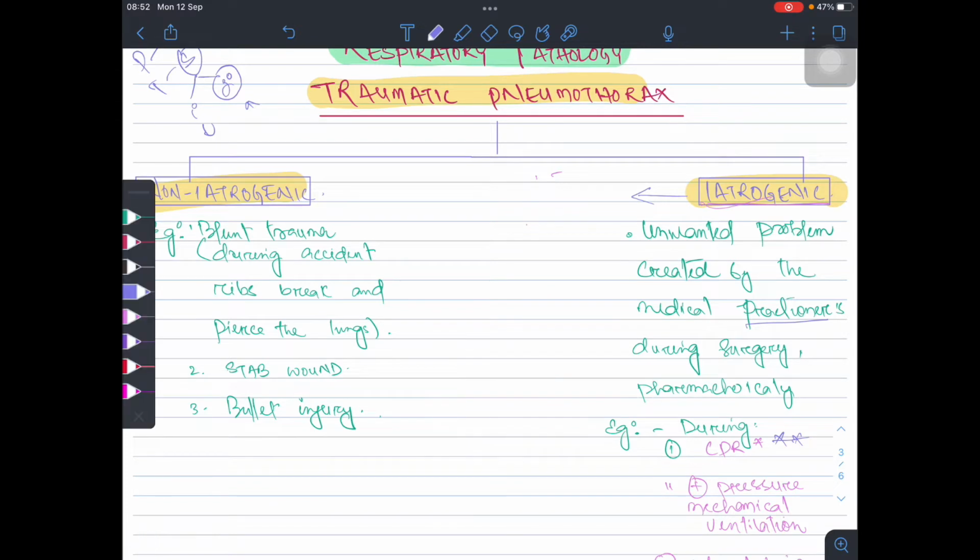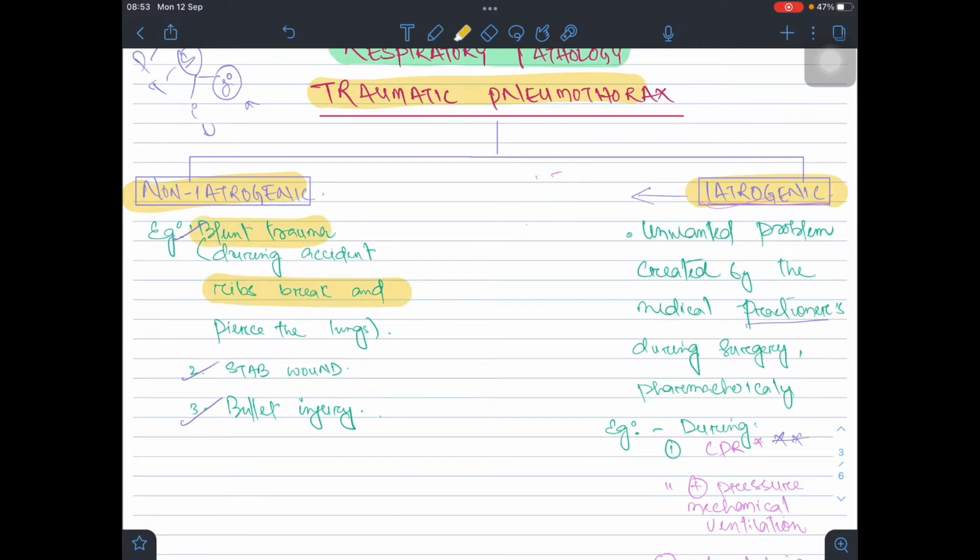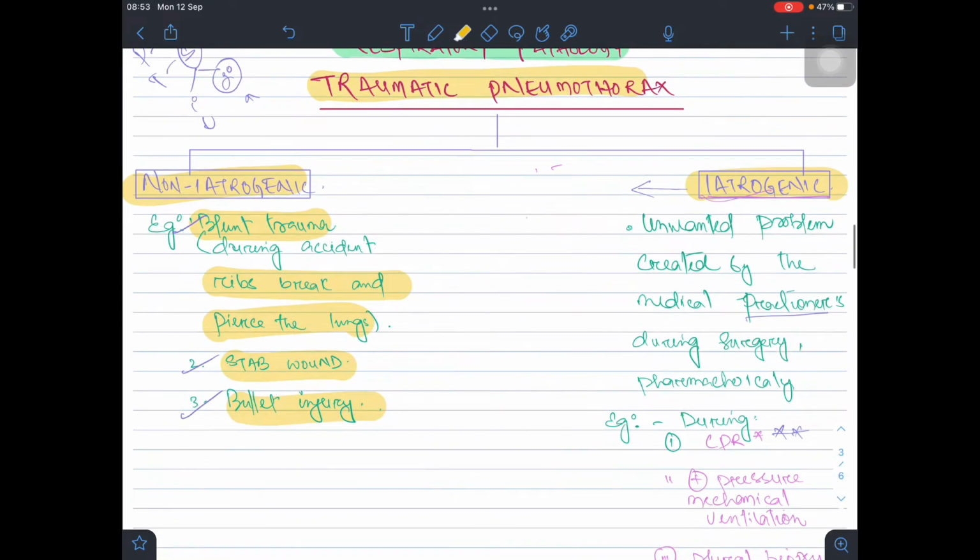So in the non-iatrogenic, blunt trauma can lead to traumatic pneumothorax, as can a stab wound and a bullet injury. In blunt trauma during an accident, ribs can be broken and pierce the lung, and that can lead to traumatic pneumothorax. And in the iatrogenic, unwanted problems created by the medical practitioners during surgery or pharmacologically can happen.